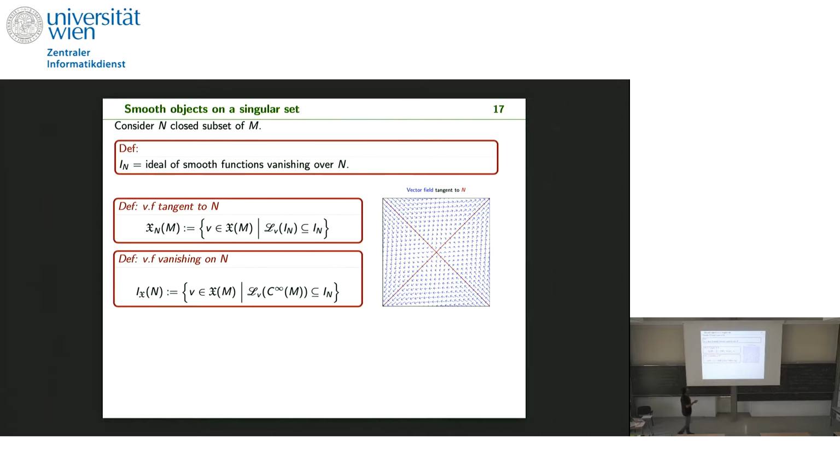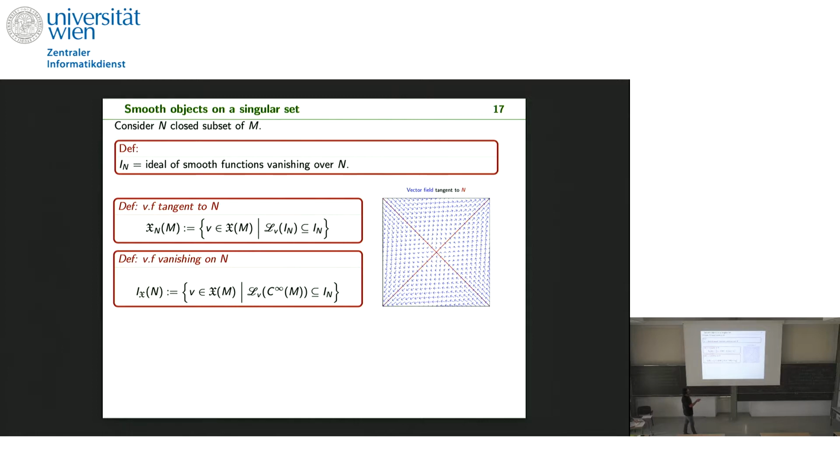So this is an example of a closed subset N inside of a manifold that is R2. In blue, I basically represented what it means to be tangent to N. Here it is visually clear. It's something that is smooth in general, but when you restrict it to N, you get something that is also smooth, for instance on this branch.